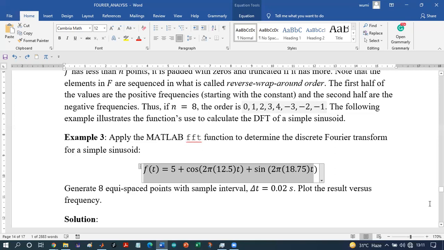So F of 0 means that K is equal to 0. The DFT is computed at k equal to 0, 1, 2, 3, 4, 5, 6, until you get to n minus 1. So we are doing it for when k is equal to 0. It's a summation.